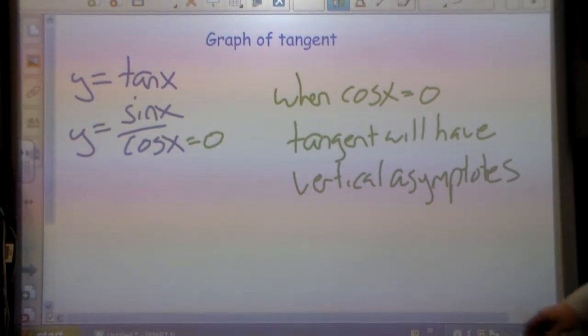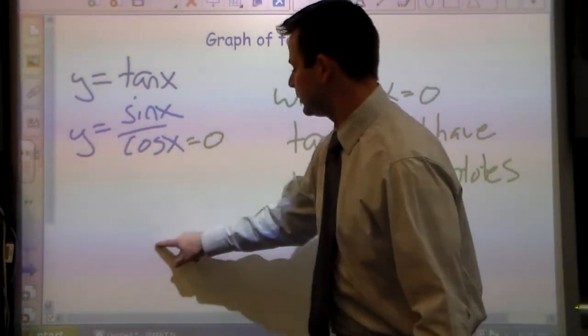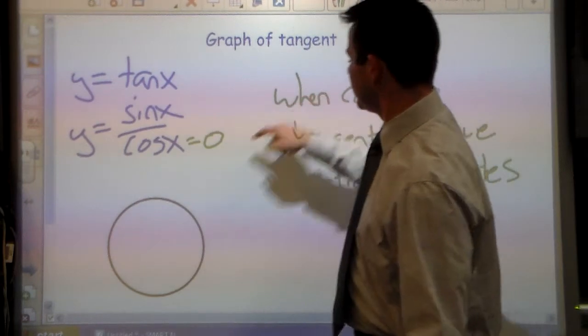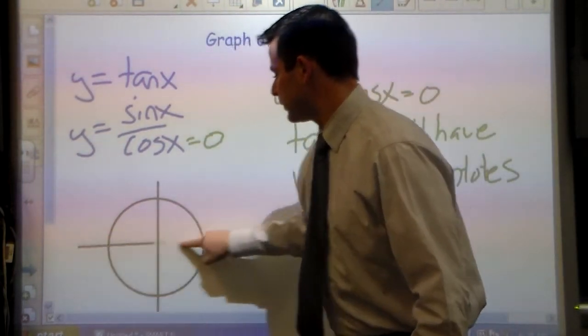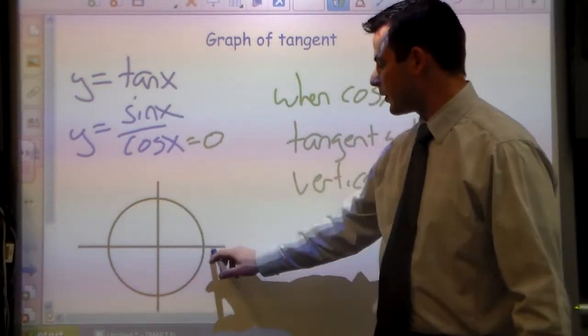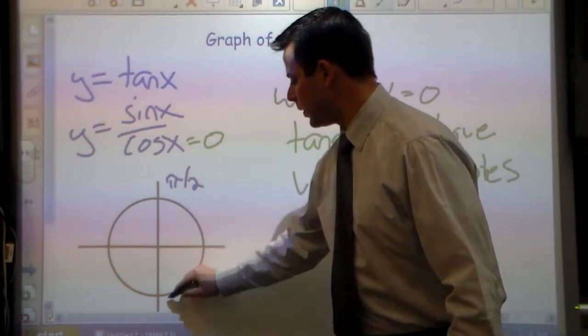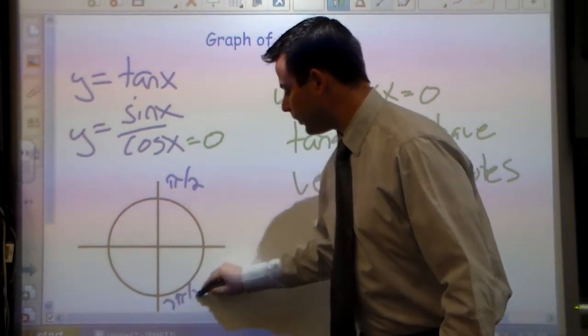Okay, so let's find out when cosine is 0 by taking a look at the unit circle. So now cosine is the x-coordinate. The x-coordinate is 0 at pi over 2 and 3 pi over 2.